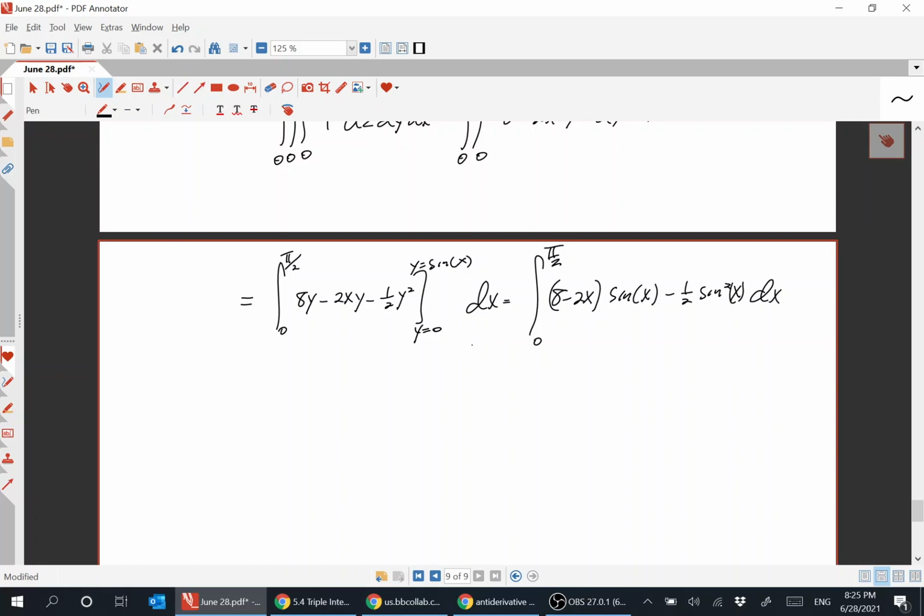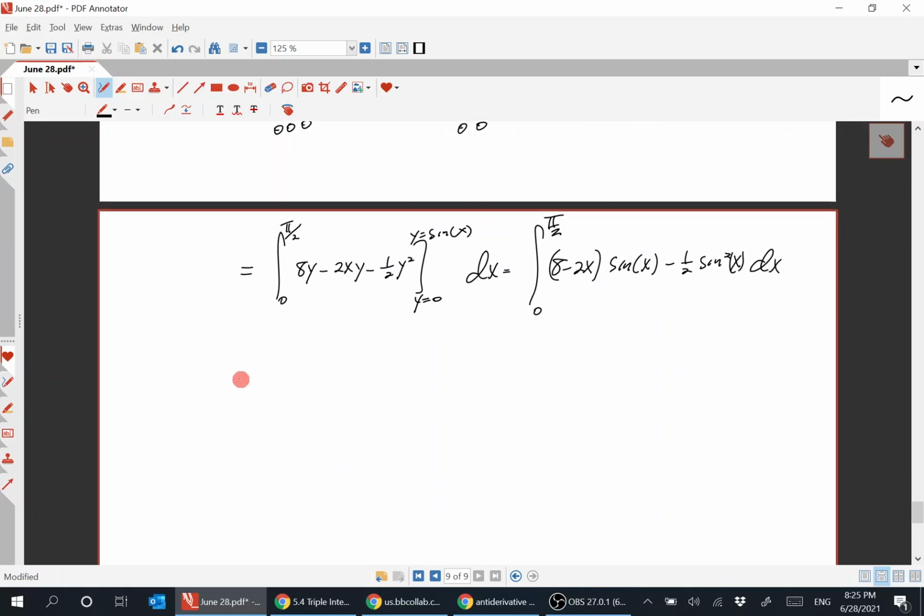A little bit of a nasty integral here, so we're going to have to separate these. Integral from 0 to pi over 2 of 8 minus 2x times sine x, minus 1/2 integral from 0 to pi over 2 of sine squared x dx.